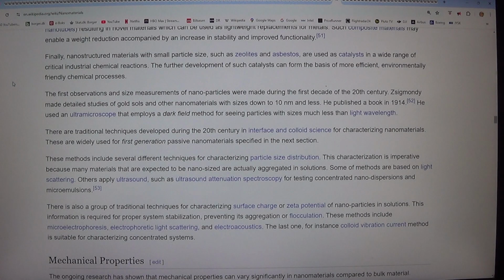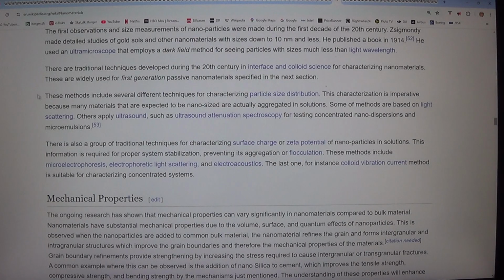There are traditional techniques developed during the 20th century in interface and colloid science for characterizing nanomaterials. These are widely used for first-generation passive nanomaterials specified in the next section. These methods include several different techniques for characterizing particle size distribution.